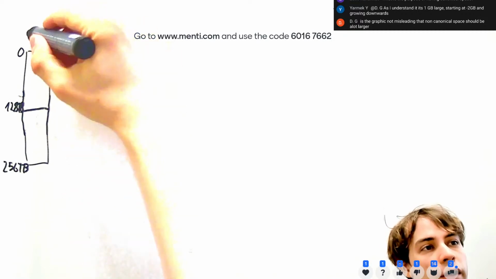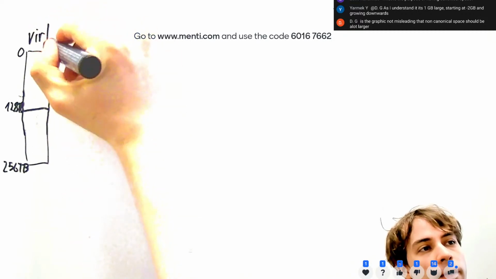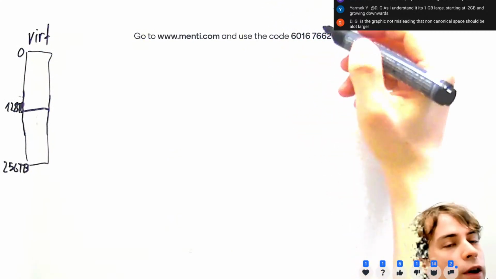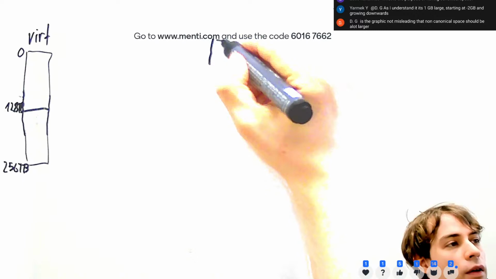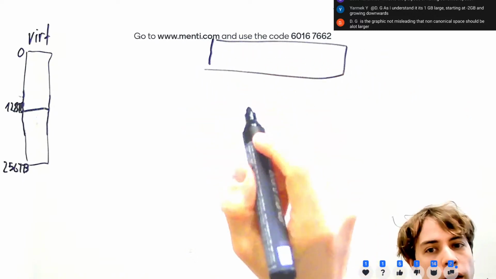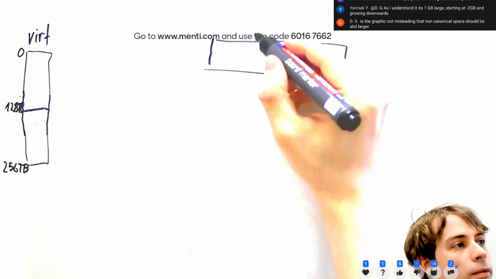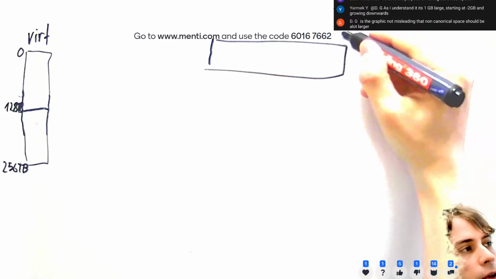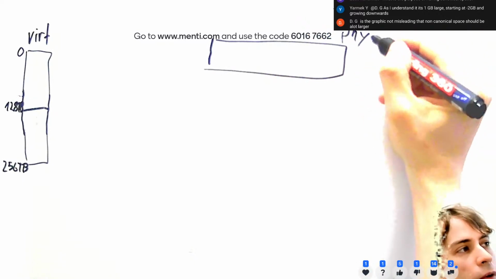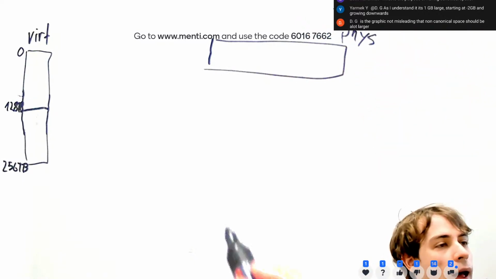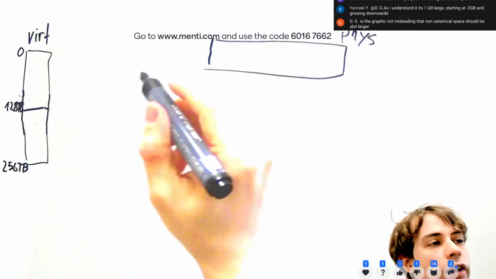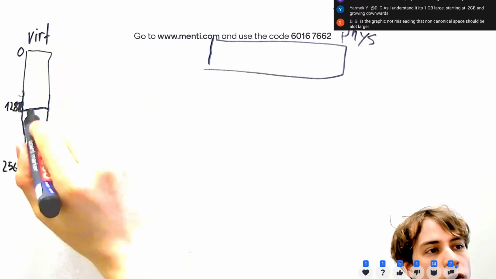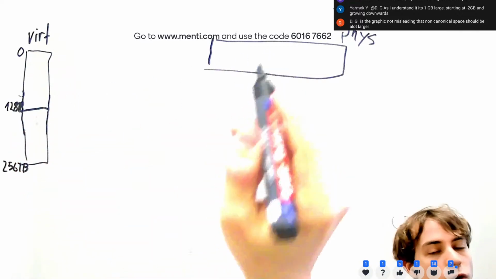This is our virtual address space. We had the physical address space somewhere up here. Let's draw it maybe here. Okay, like this. This was the physical memory. And we had also this design that we wanted to map 1 byte here to 1 byte here.